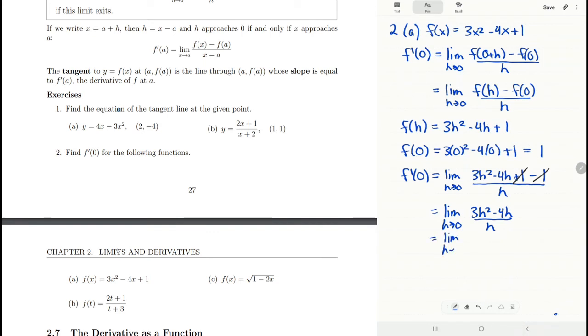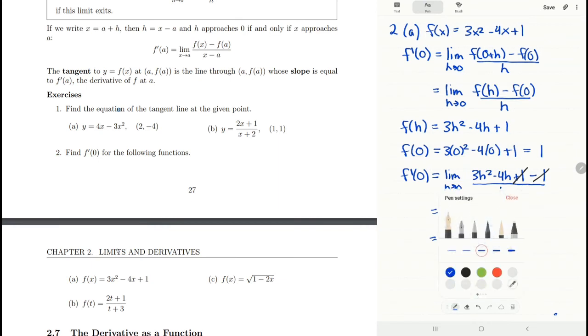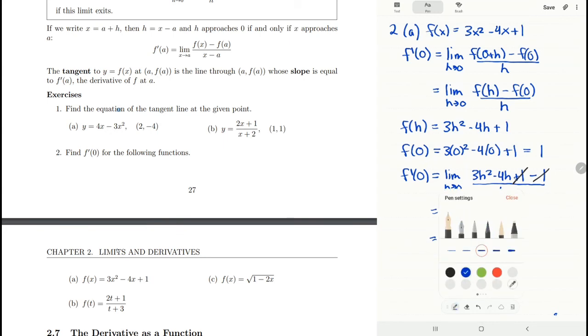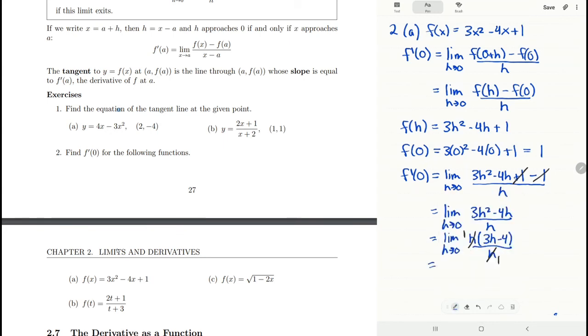So we can factor an h from both terms. We have h times (3h minus 4) all over h, and now the h's can cancel, and this will give us the limit as h goes to 0 of 3h minus 4, and now we can take the limit. So if we let h go to 0, we get 3 times 0 minus 4, which is negative 4. And so f prime of 0 is negative 4.